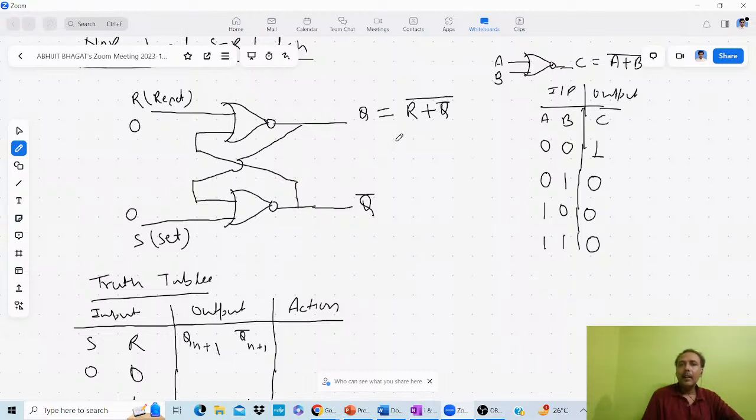Okay. Now next, here when your Q is, suppose your Q is 0, if suppose plus Q bar, it is, wait a second.